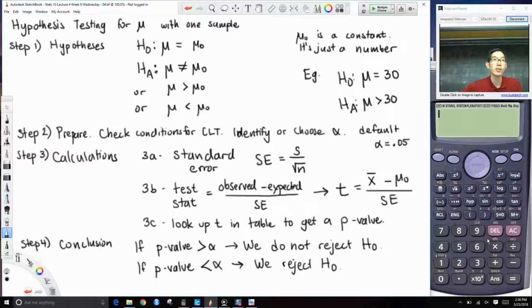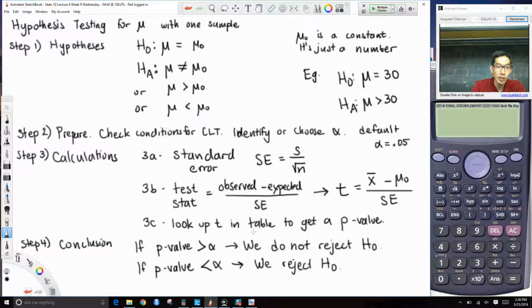Okay. So as far as the steps, it's very similar to hypothesis testing when you have a proportion. It's just the way we calculate the standard error is a little different, and our test statistic is now a t. I would say the biggest change is in using the t-table rather than the z-table.